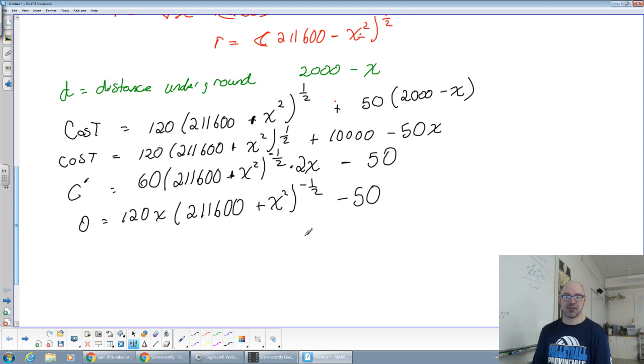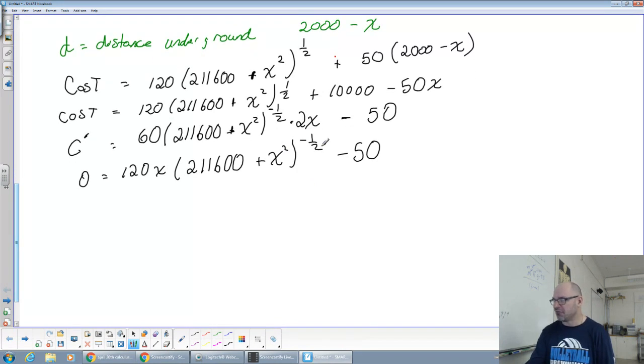Okay, so now we have to solve this. The easiest way to solve this is to write this as a fraction and cross multiply. So remember that this negative 1/2 is the root on the bottom of a fraction. So if we put it all under the 120, let's move the 50 over first to make it plus 50. So that goes over there, and then this can go underneath.